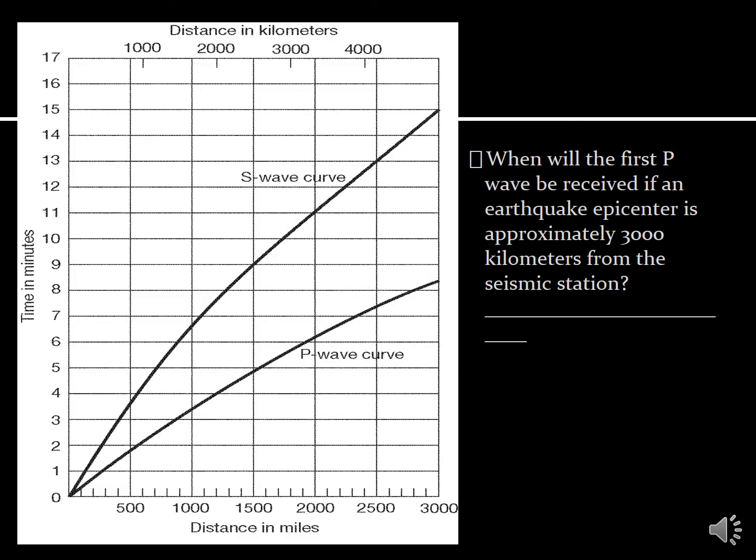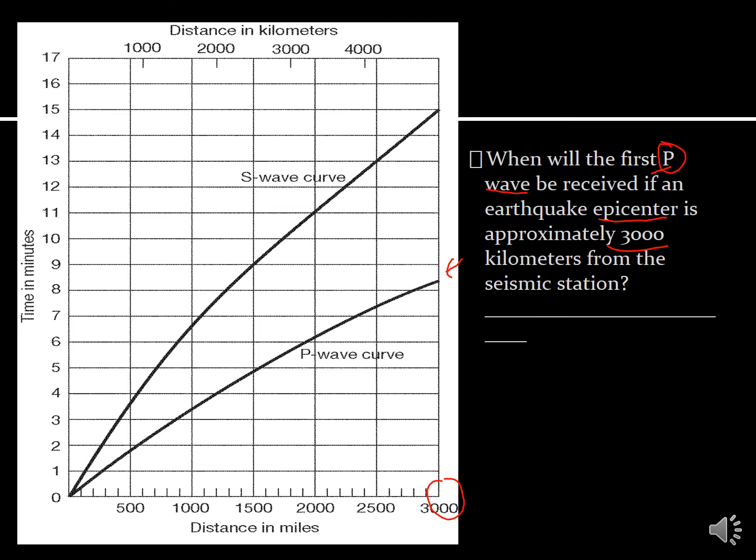So when will the P wave arrive, we say here, if the earthquake epicenter is approximately 3,000 kilometers from the seismic station? Well, again, we find the distance on the x-axis, and it said 3,000. And then from there, it says follow the distance line up to where it meets which wave it is talking about.